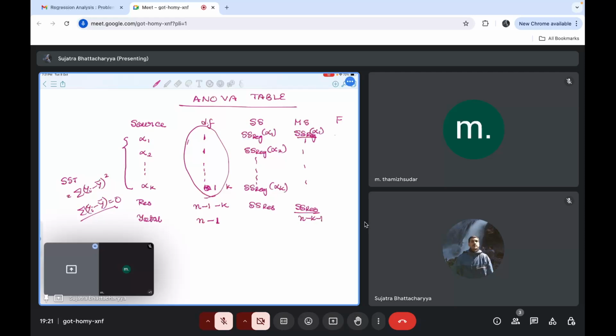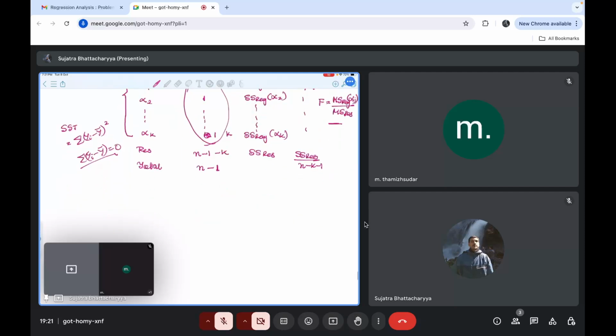And F, for each and every case, you can write as MS regression of some alpha j divided by MS residual. This is how F is computed, and it can be compared with the F of numerator to denominator degrees of freedom. That's all. So significance can be calculated.